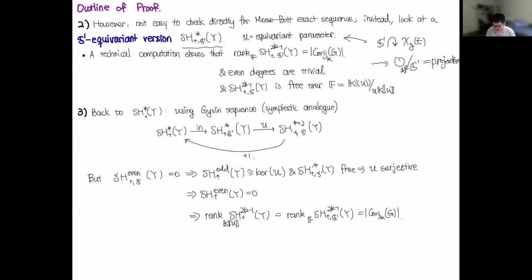And finally, we go back to the positive symplectic cohomology of Y, where from the equivariant to the non-equivariant version, we can directly use the Gysin sequence, or in a fancier word, the Connes exact sequence, because this S1 action is intrinsic to the cohomology theory. It is like going from Hochschild homology to cyclic homology, if you're familiar with this language.